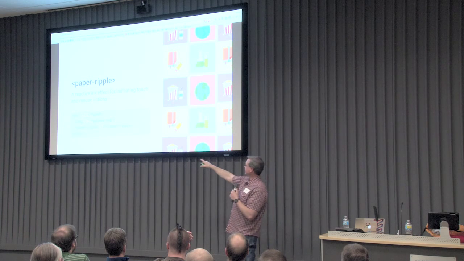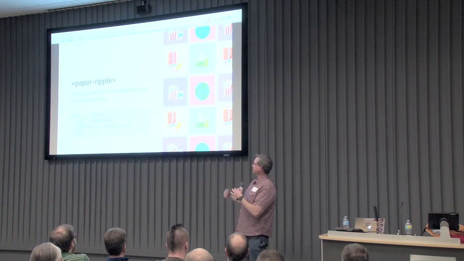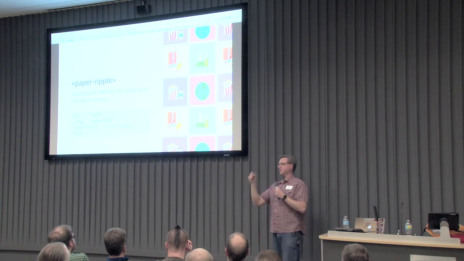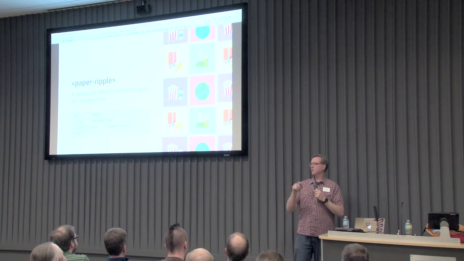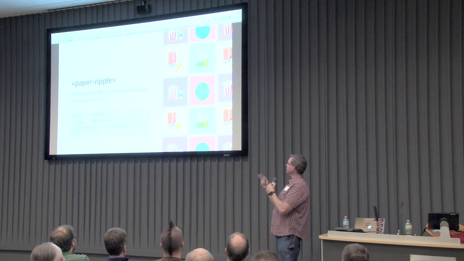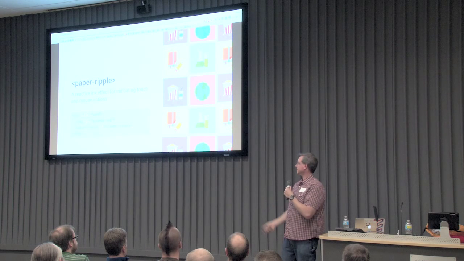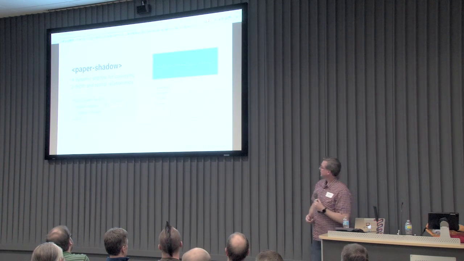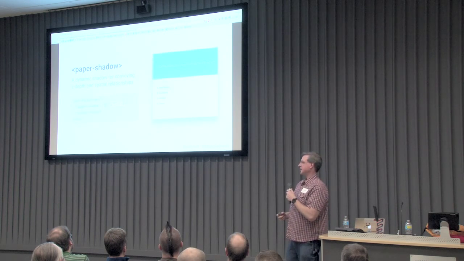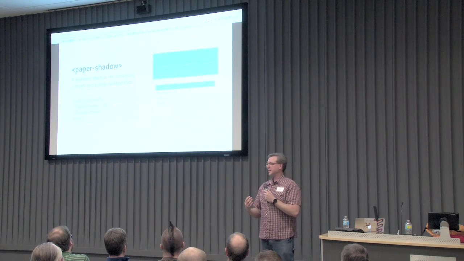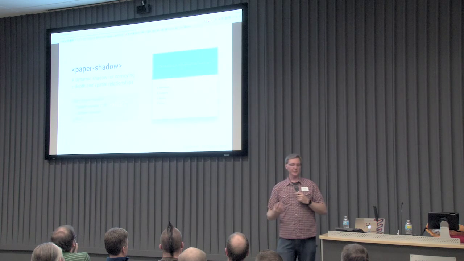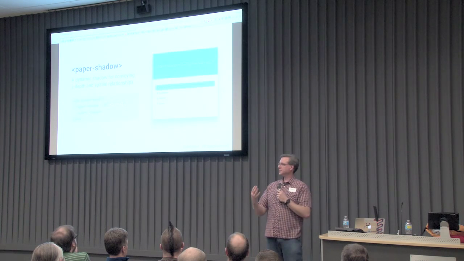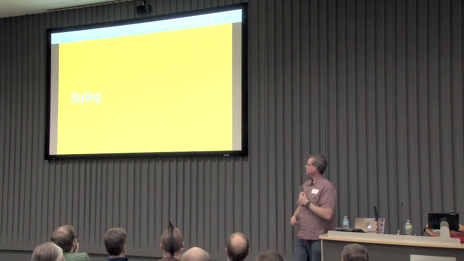So here, with that fit attribute, it fills the entire div. And now any touch event, either click or finger touch, will give this ripple effect on that card. The paper shadow is a way of giving some visual depth to the element, to give it the feel of different layers on the page.